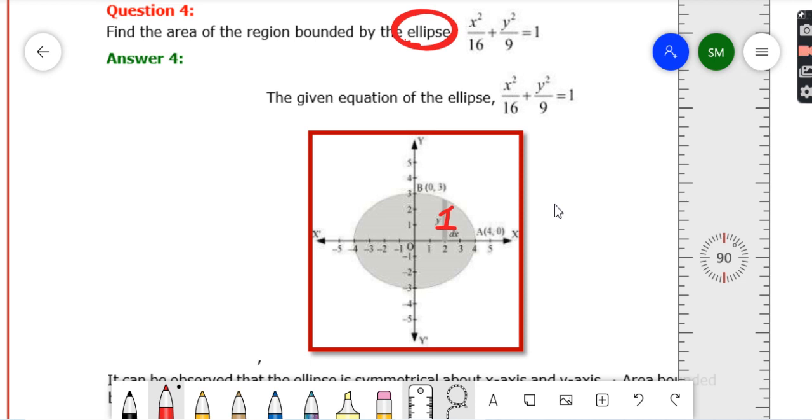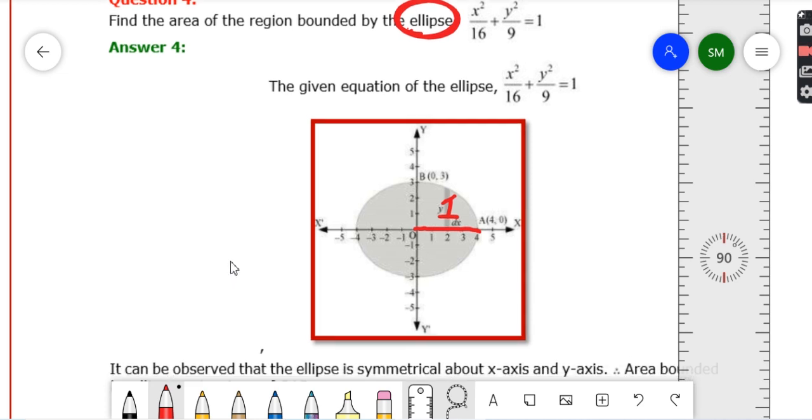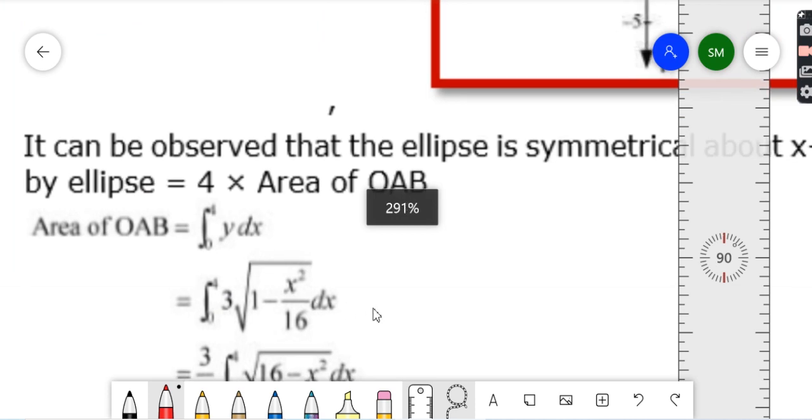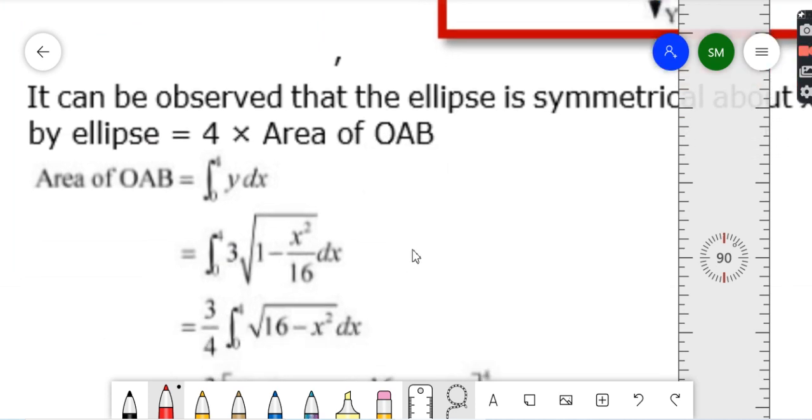Alright, here once again I will consider the limit on the x-axis, that is 0 to 4, and put the value of y. Means you have to find out the value of y, and it is not very difficult to find out. So the limit is 0 to 4, as I explained in the diagram why it is 0 to 4. Then the value of y is under root 1 minus x square upon 16, into 3.